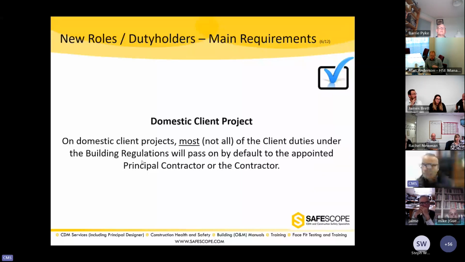On domestic client projects, most of them, not all of the client duties under the building regulations will pass on by default to the appointed principal contractor or the contractor, whatever the case may be. If there is more than one contractor, there'll be a principal contractor. If it's only one contractor, it would be the contractor who would be required to fulfill most of the client duties.